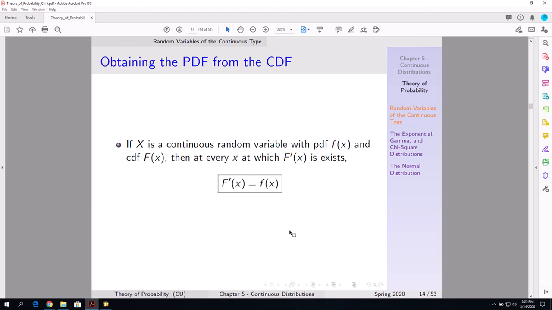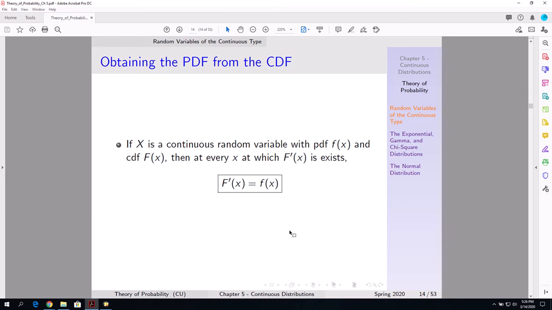That makes sense because remember, how do you get the CDF from the PDF? That's the opposite of what we're talking about here. Here we're trying to get the PDF from the CDF. To get the CDF from the PDF, you integrate it all the way up to x. So it makes sense that if I take the derivative of the CDF, I would just get the thing that I'm integrating. That's actually called the second fundamental theorem of calculus.